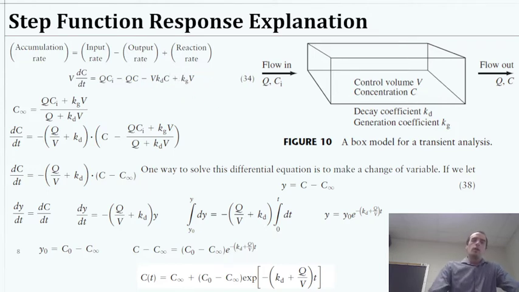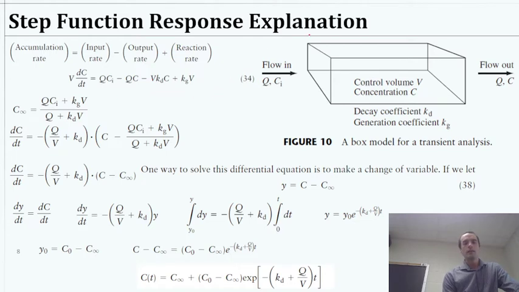Okay. From here, they don't explain a whole lot. I believe I understand exactly what they're doing, but they're a little bit cryptic. So what they say is, okay, well, that's nice. And by the way, we can know the concentration at time infinite, which would be the steady state concentration, by solving it as if it was steady state, right?